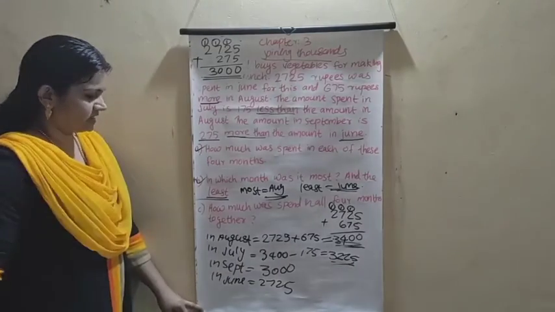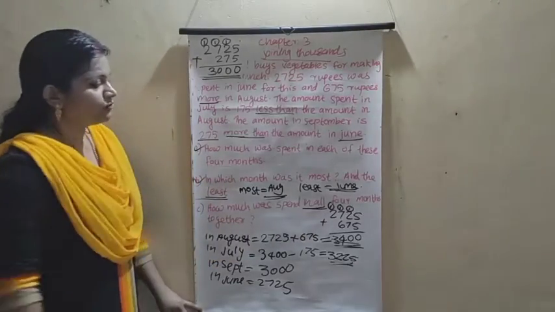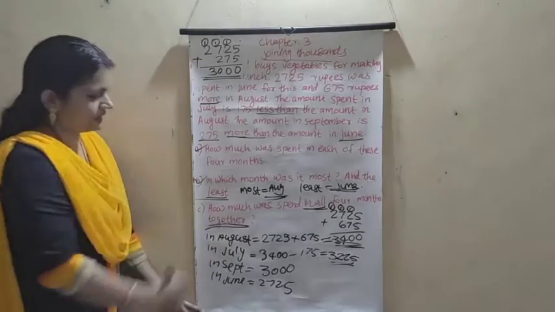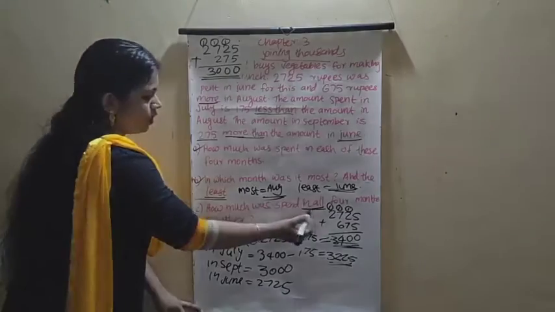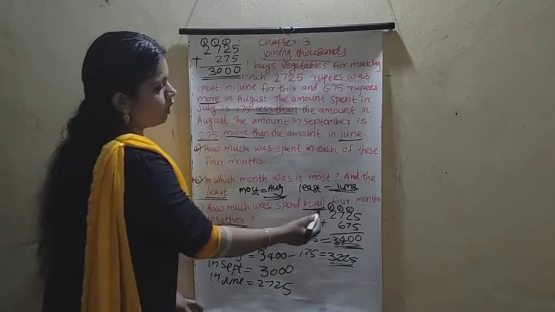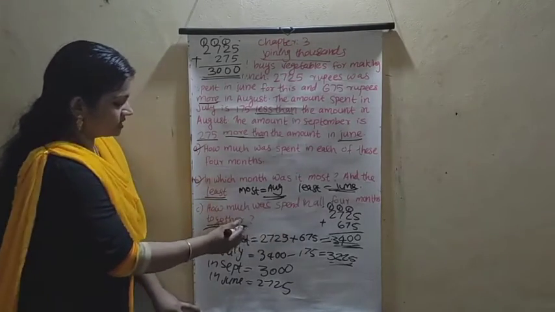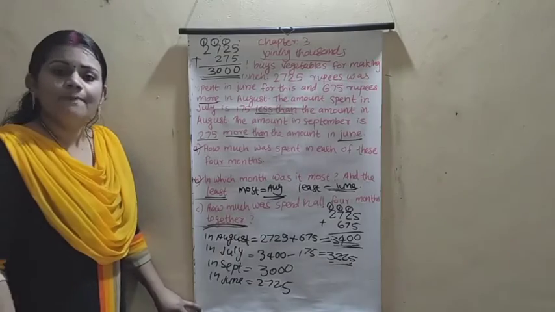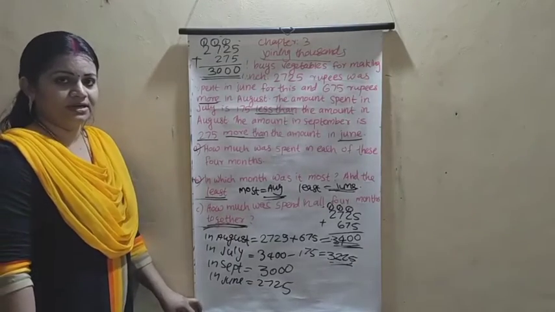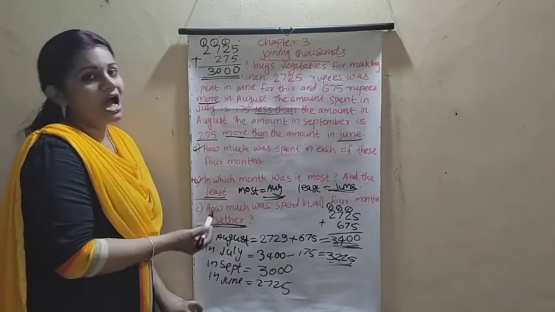Then what is the third question? How much was spent in all 4 months together? The words are "all together". What will you do? The word is together, so you find the total amount. Addition or subtraction? Addition.